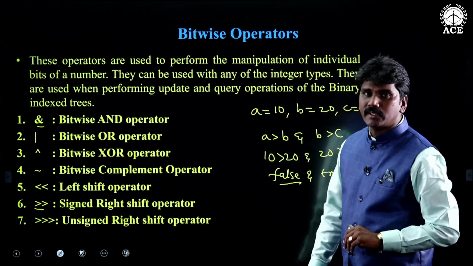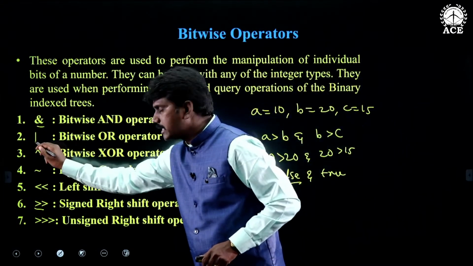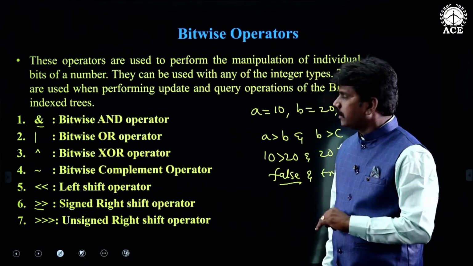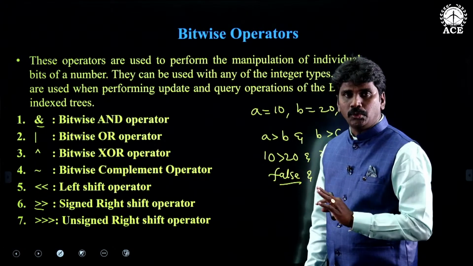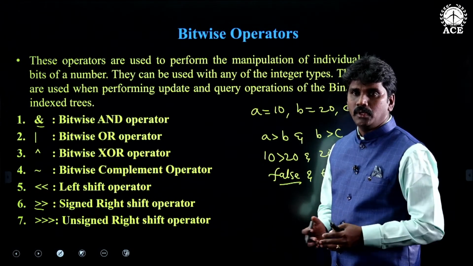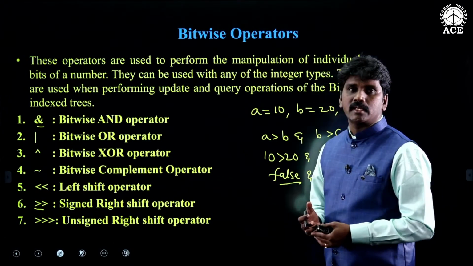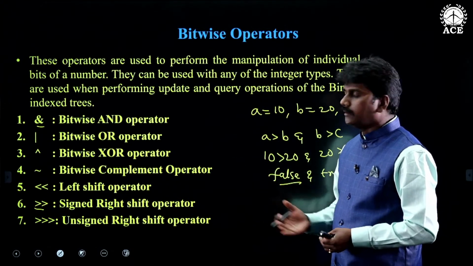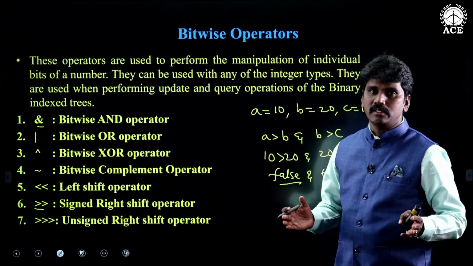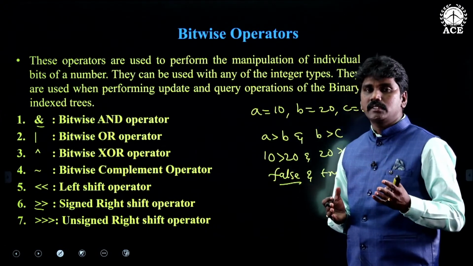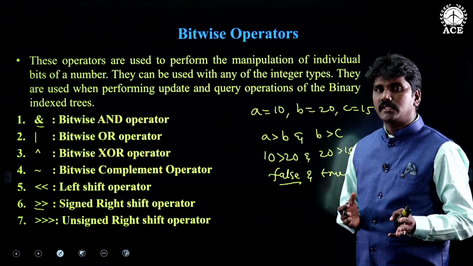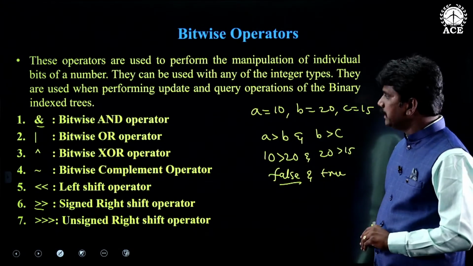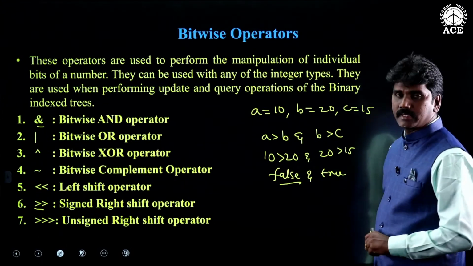Next one is bitwise OR, a single vertical bar. The same statement: if any one is true, then the result is true. If both are false, then only the result is false for the OR statement. So bitwise OR is going to check the two conditions; whether the first one is true or not, the second one is going to be checked, like we have seen in the bitwise AND case.